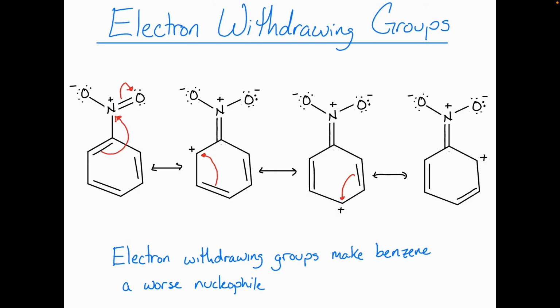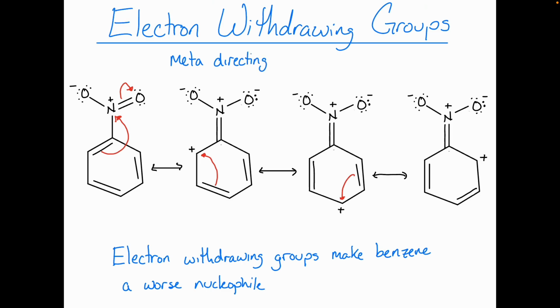All right, but there are specifically two positions up here that are absolutely going to be trash nucleophiles according to our resonance structures. And which two are those? Where do I see that positive charge being bounced from? The ortho and the para, right? So these electron withdrawing groups are what we call meta-directing groups.